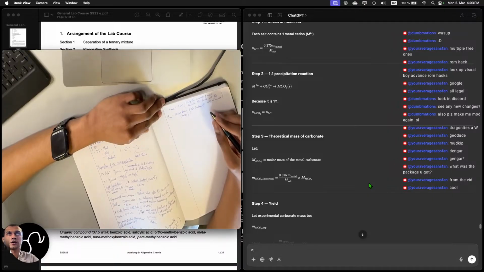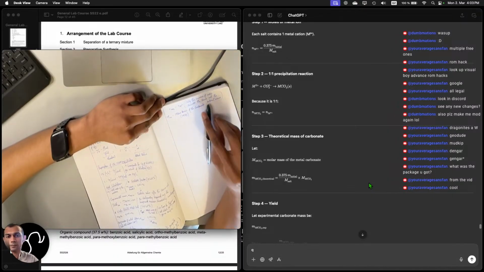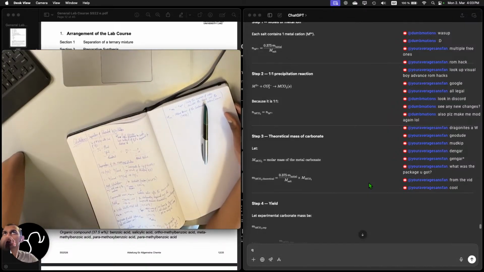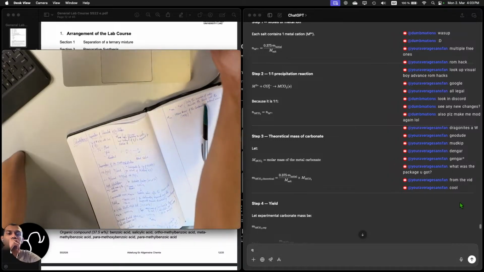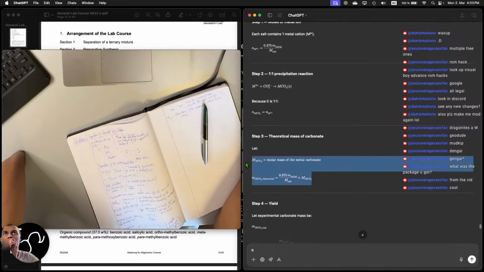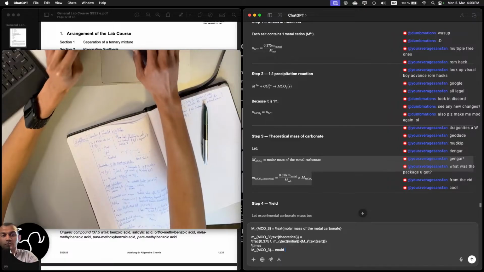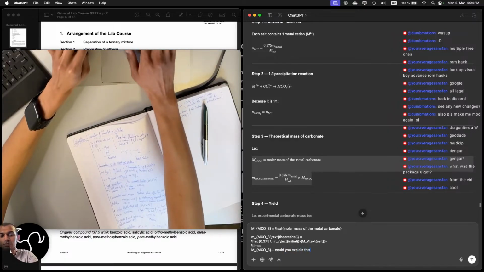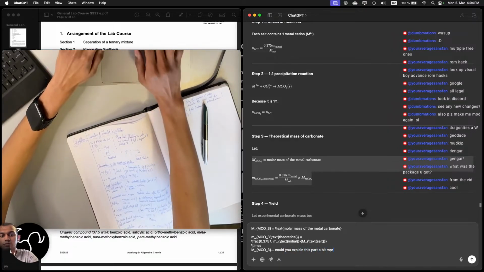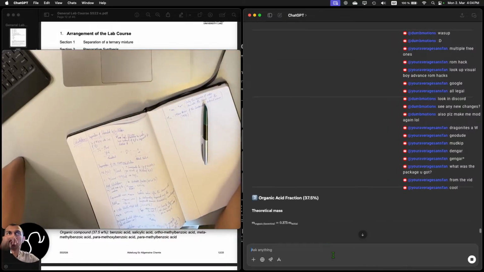So initial mass divided by the molar mass of the salt times molar mass of the carbonate. Why? What is that calculation though? Could you explain this part a bit more?